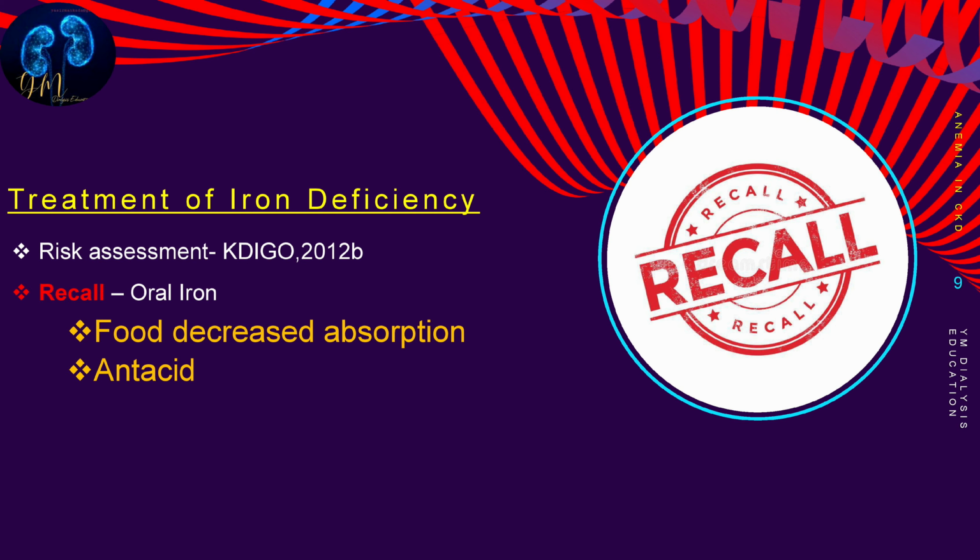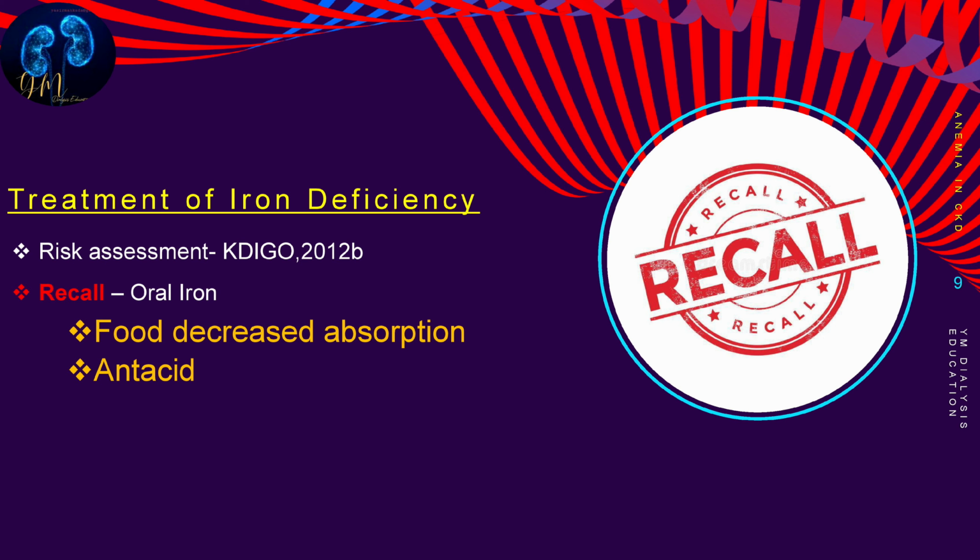Treatment of iron deficiency: both the risks and benefits of iron therapy must be assessed by the clinician. Recall, oral iron is not absorbed in the stomach but in the duodenum and the proximal jejunum. Oral iron is inexpensive and must be taken with some precautions to obtain the best absorption. Food decreases absorption, so oral iron should be administered 2 hours before meals.